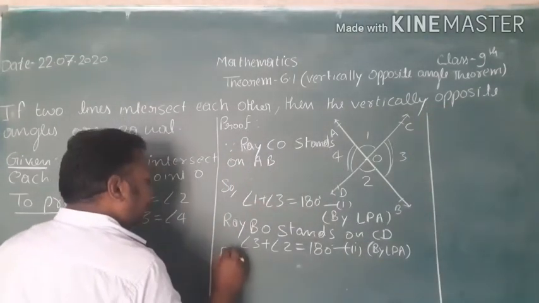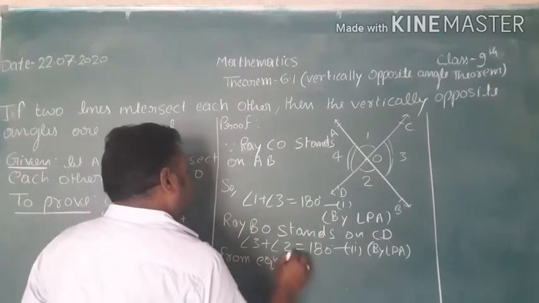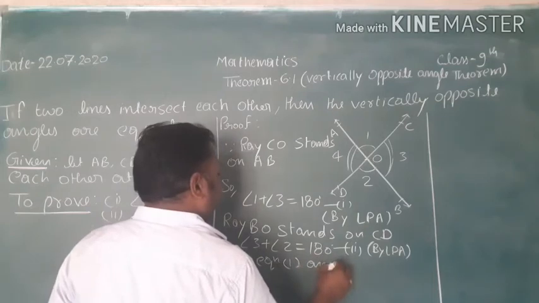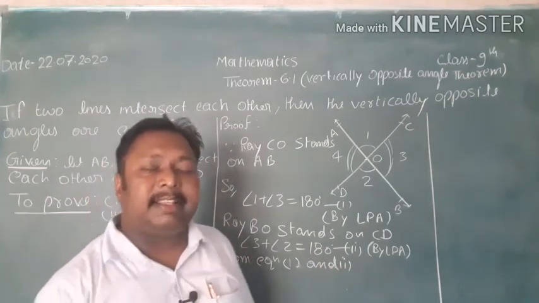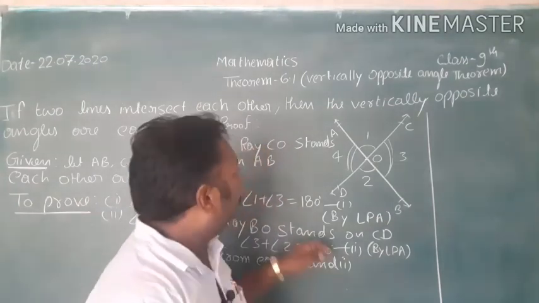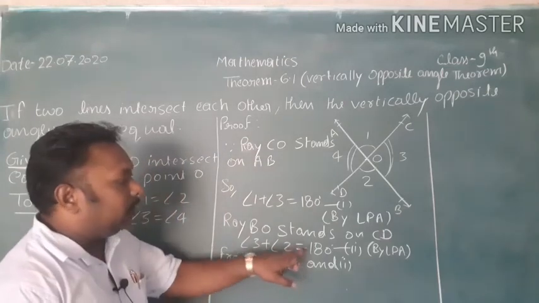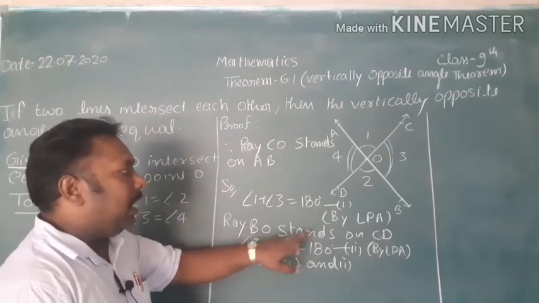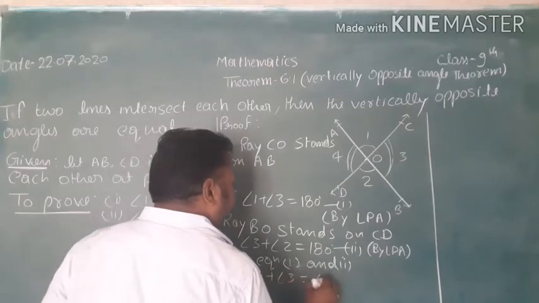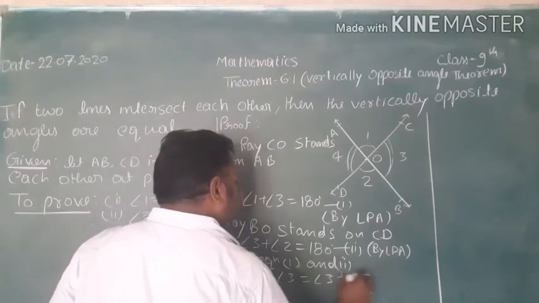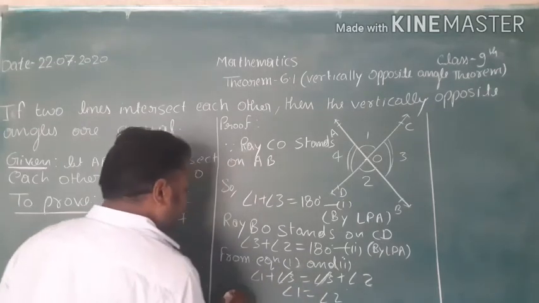From equation first and second, things which are equal to the same thing are equal to one another. So 1 plus 3 equal to 180 and 3 plus 2 equal to 180. Both things are equal to 180. So 1 plus 3 equal to 3 plus 2. 3 is cancelled from both sides. So 1 equal to 2.